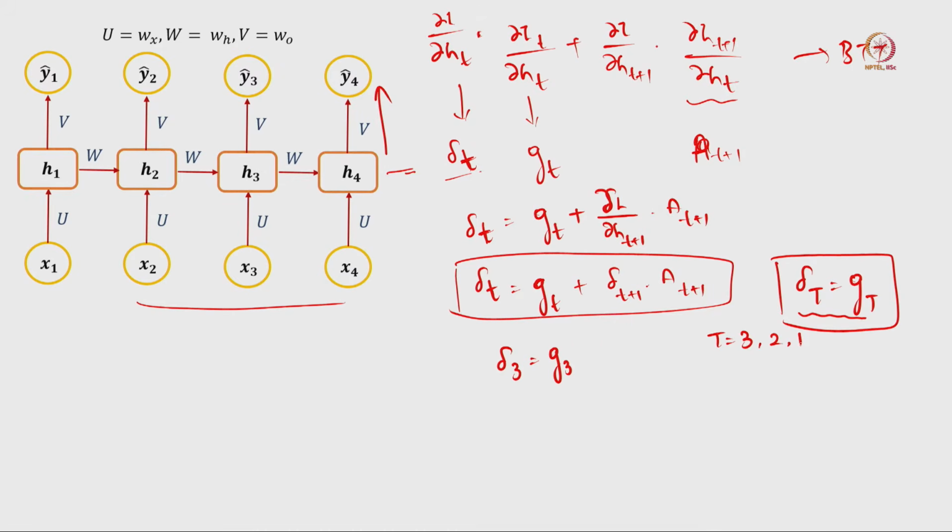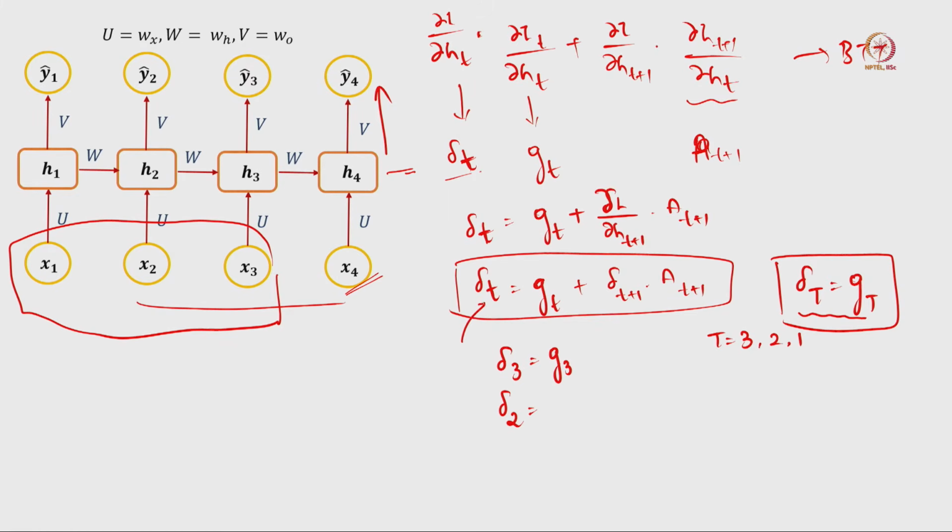I am doing this for t equal to 3, 2 and 1, which means up till here is what we are considering. We have not considered t equal to 4, we can even do it, but that is unnecessarily one more step. Suppose our sequence has 3 steps, that is what I am trying to explain. Now, how can you write the derivative delta 2?